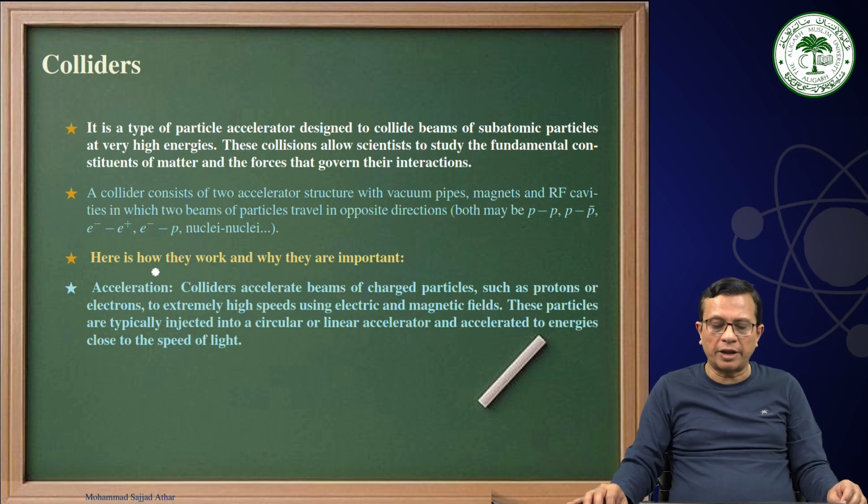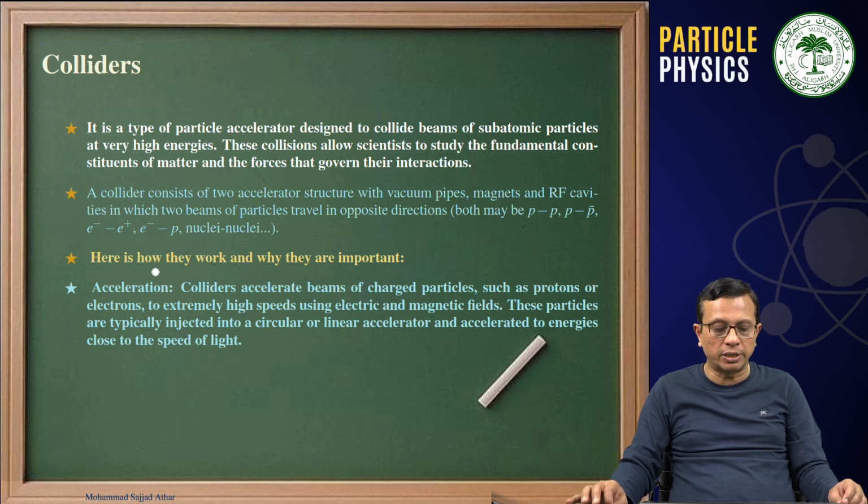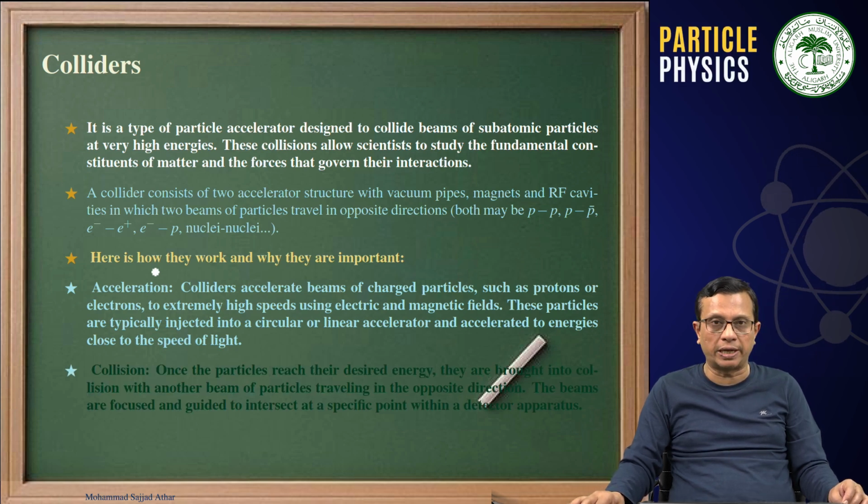Here is how they work and why they are important. Colliders accelerate beams of charged particles such as protons or electrons to extremely high speed using electric and magnetic fields. These particles are typically injected into circular or linear accelerators and accelerated to energies close to the speed of light.